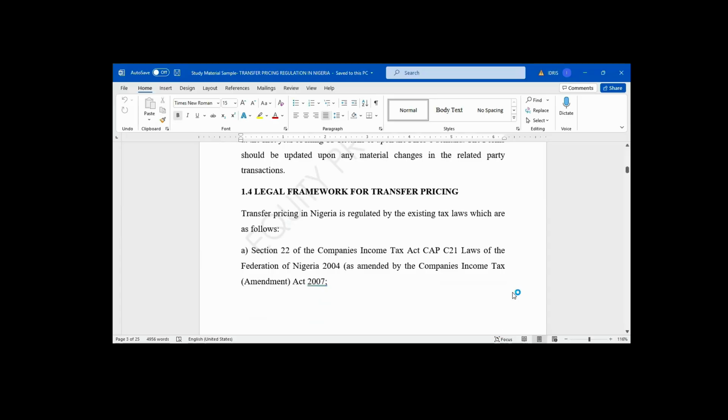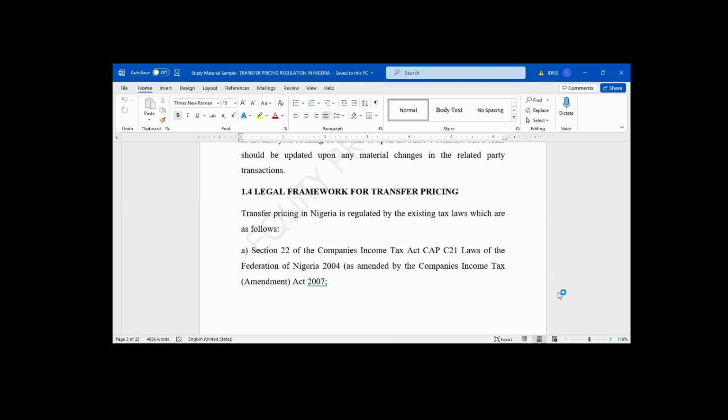So, Section 22 of the Company Income Tax Act, Cap C21 LFN 2004, states about transfer pricing. That section discusses transfer pricing under the company income tax.